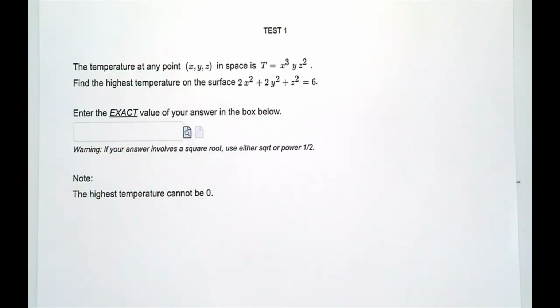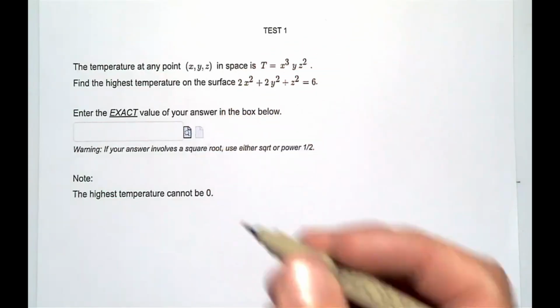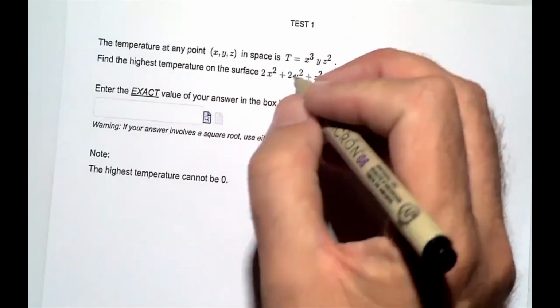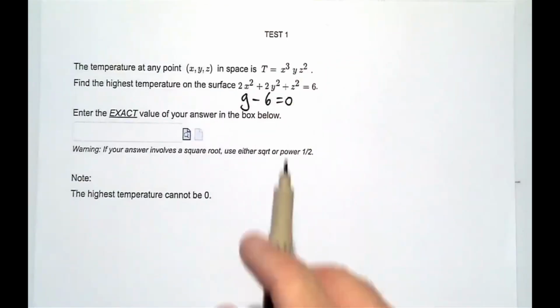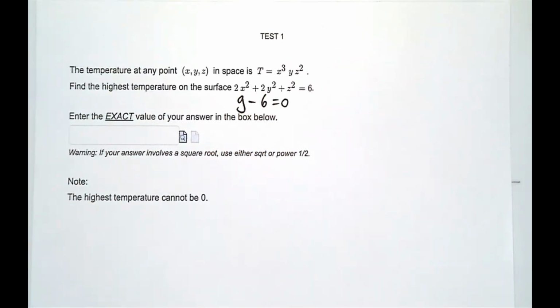So the way I usually think of this, I think of it like this. This is basically going to be g minus 6 equals 0, where g is that mess there.